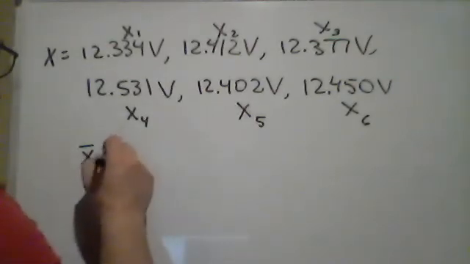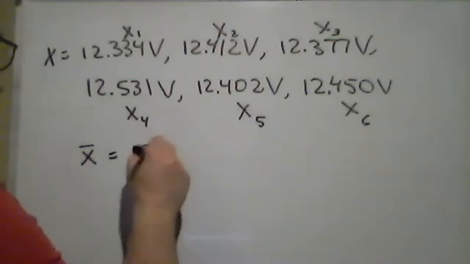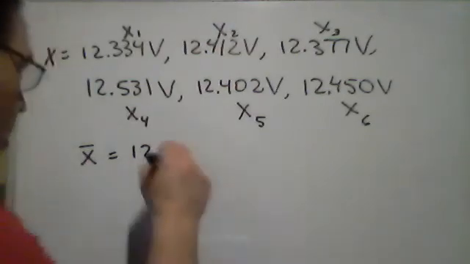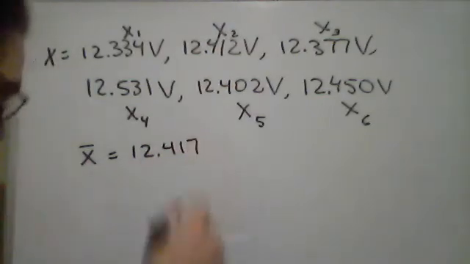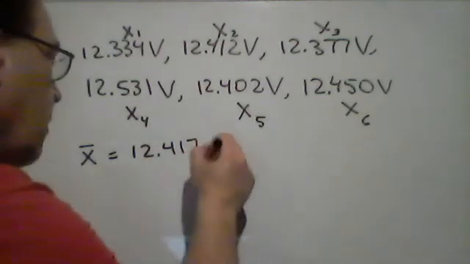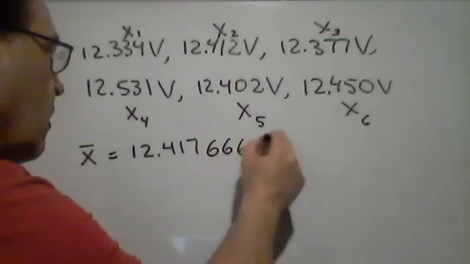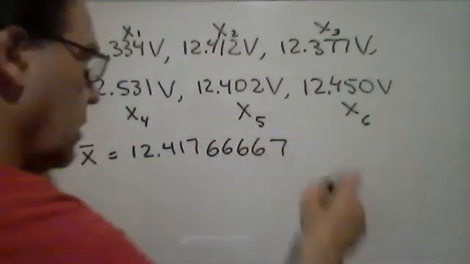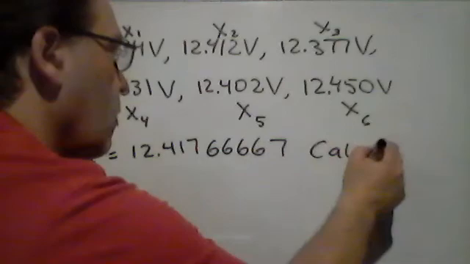So my calculator is going to say 12.4 17 and a bunch of sixes. 1, 2, 3, 4 sixes and a 7. That's what my calculator is going to say.